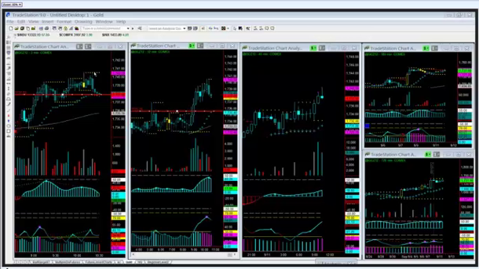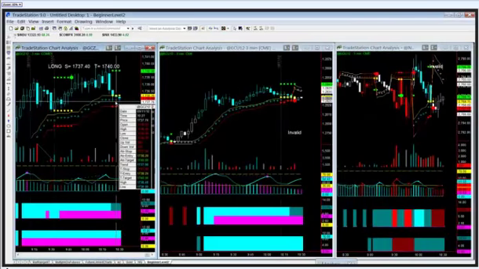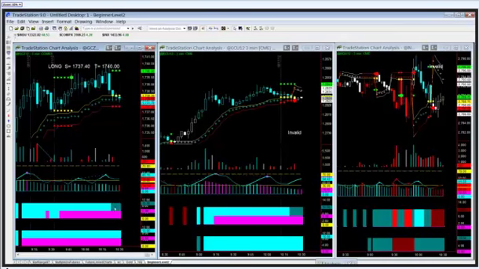I would absolutely ignore the easy money trade on gold. And let me go back. This one, no way I would touch that, knowing right here that I just had a magenta peak. I'm just drawing the red lines, Stuart.